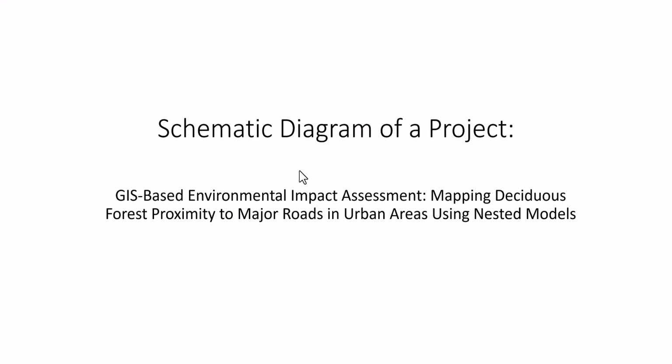In this first model, we are going to create 100-meter buffers on both sides of the road network. As you can see, let's say this is the road network. We are going to create a 100-meter buffer on both sides of the network.